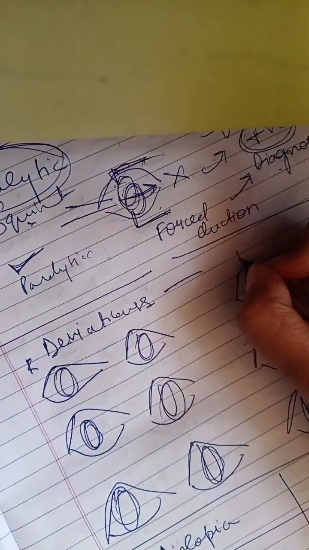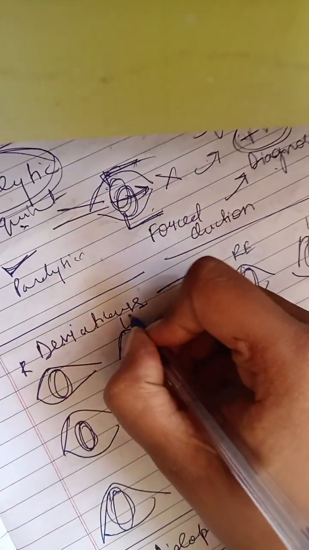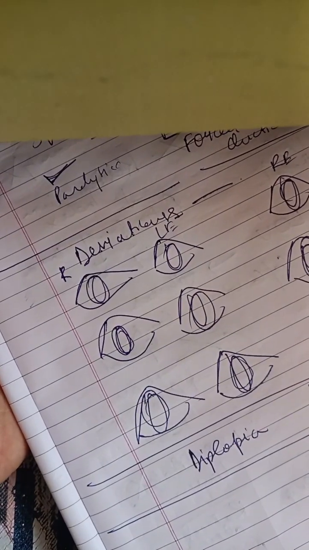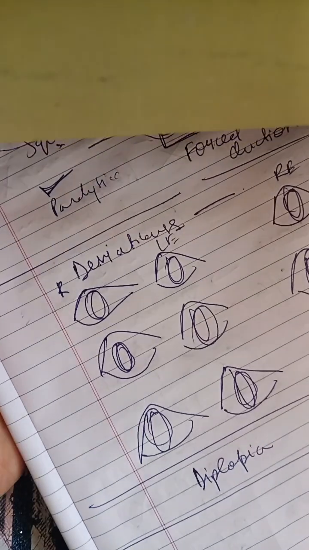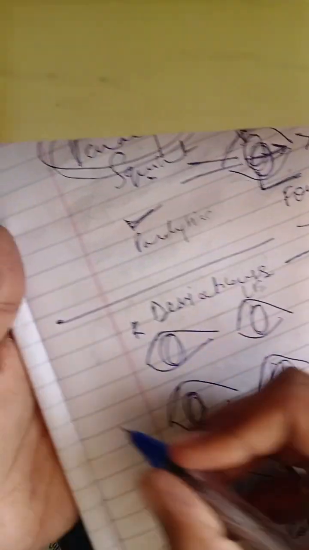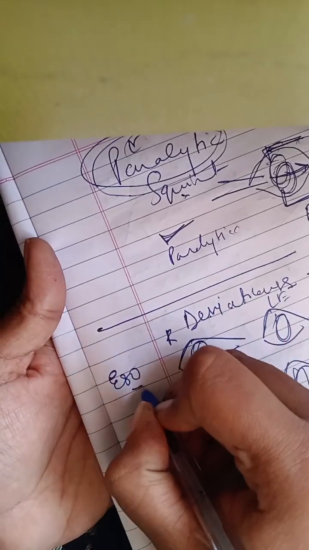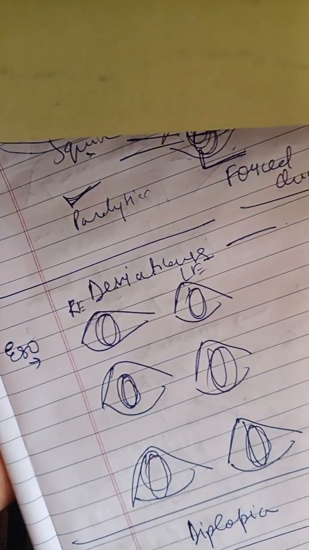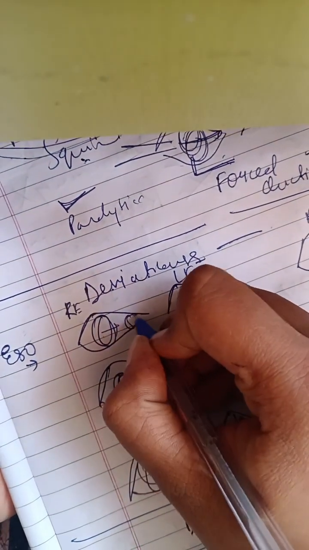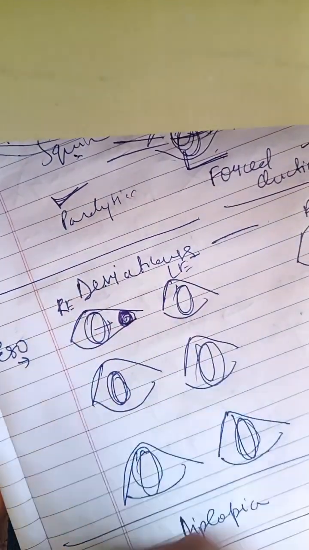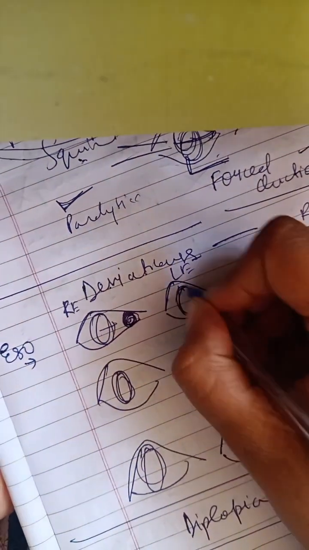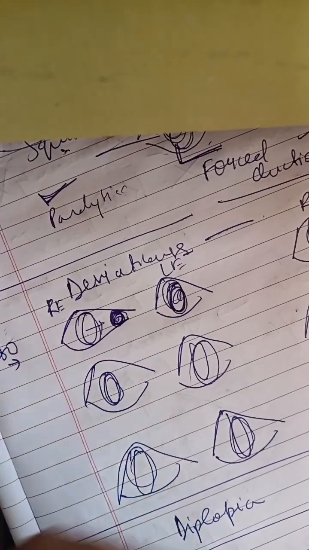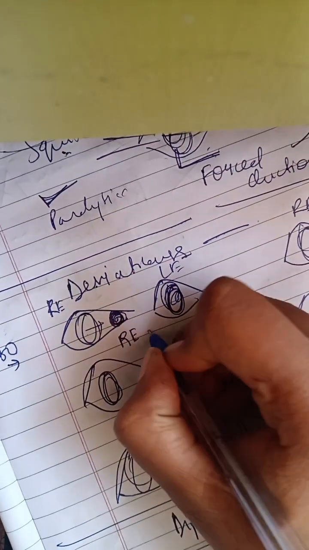So these are all right eyes and these are all left eyes. Eso means inward deviation. So if your right eye moves in, that is, if the right eye is over here and the left eye is straight, then we call it esotropia, right eye esotropia.